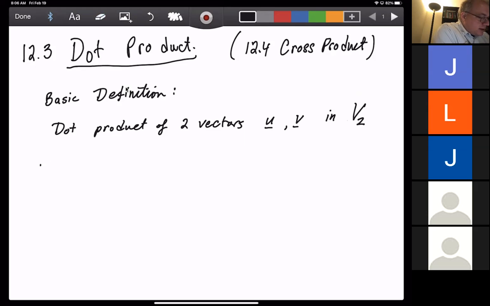We write this by putting the vectors next to each other with a multiplication sign in between, and for the dot product, we use a dot to represent the multiplication.